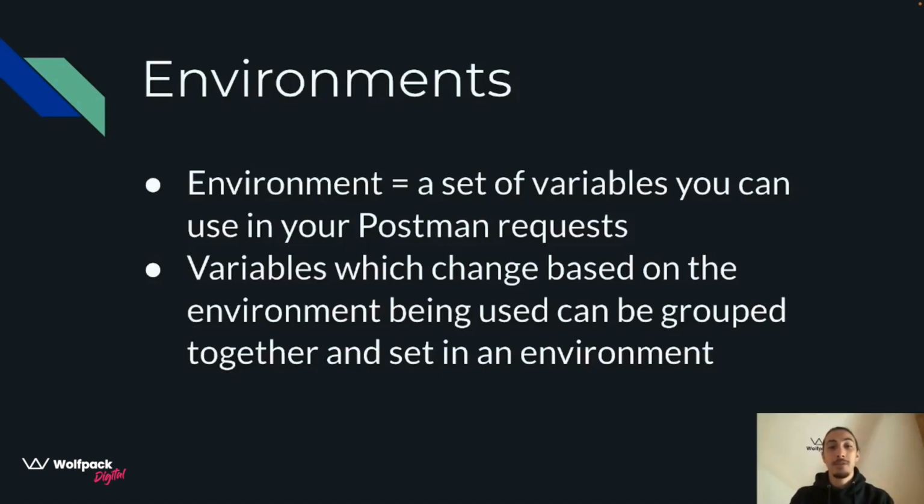So there will be some values which change based on the environment and some that will stay the same. So what we want is the values that do change. So these ones that do change can be grouped together and set into an environment. So let's take a look at what that would look like in practice.